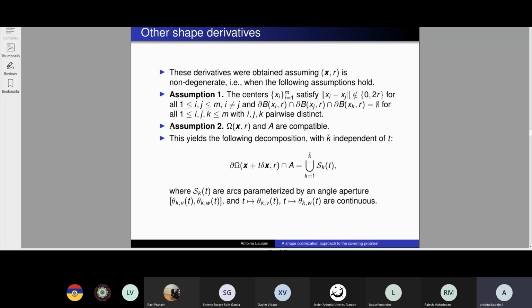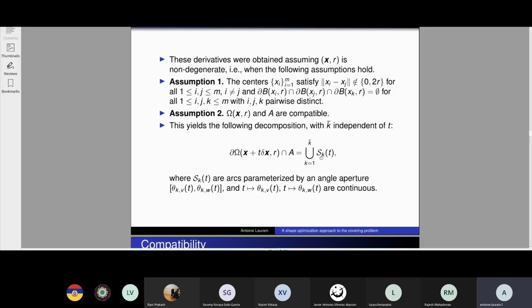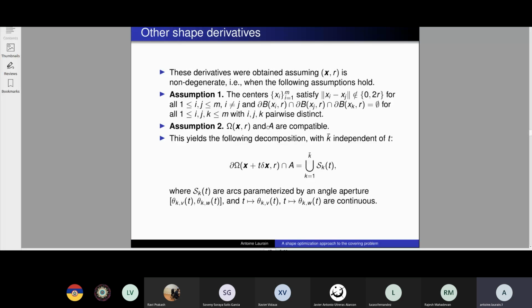And the second assumption is that the sets omega and R, A, are compatible. There's a precise mathematical definition, but I'm just going to show a picture to explain what this means. The idea of this assumption is that it avoids all the many singular cases. Basically, it's a question of topology. What you need is that the structure of the arcs on the boundary of your domain stays the same when you make a small perturbation.